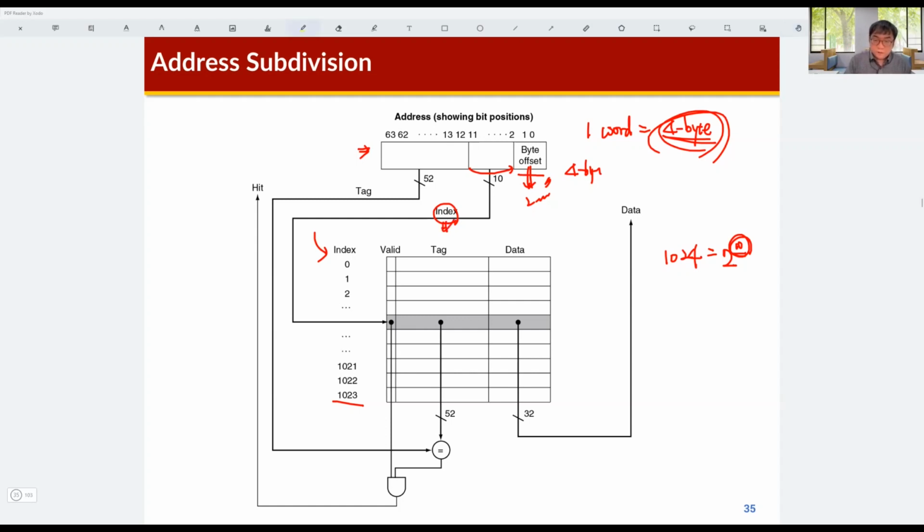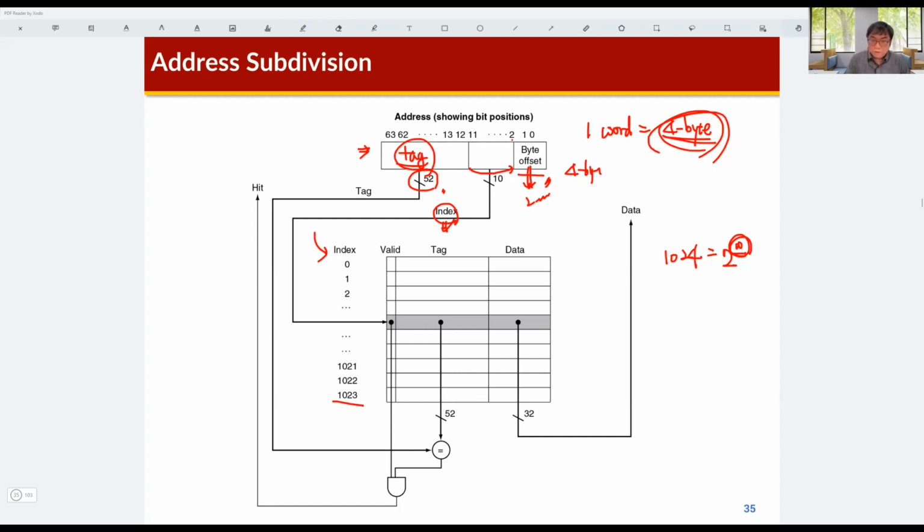And then among these address bits, bit numbers 11 to 2 are used as the index of the cache, and bit numbers 1 to 0 are used as the byte offset. And the remaining part is used as the tag.